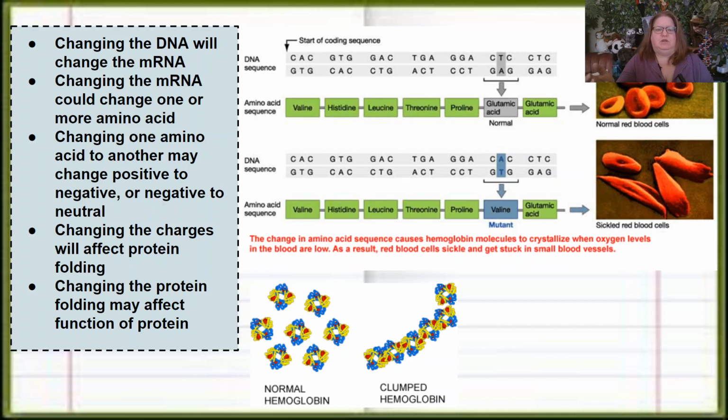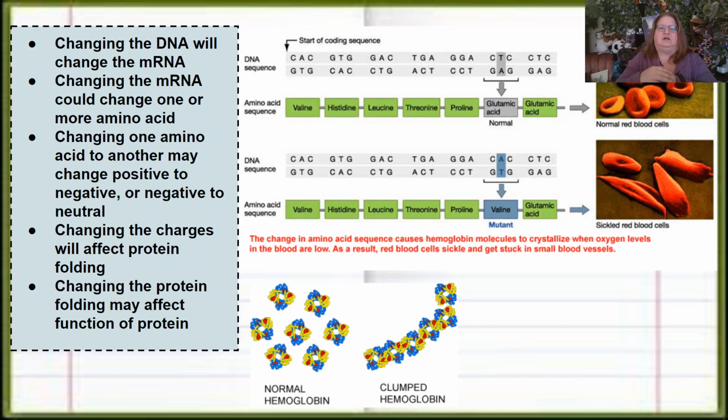So changing one amino acid to another may change positive to negative or negative to neutral. And if that was a significant place on the protein that was a key indication of how that protein folded, that would change how the protein folds, and that's going to affect the function of the protein. So, real important chain of events there.